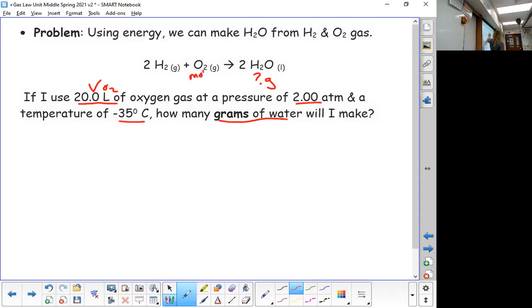We have to get to moles of O2, then to moles of water, then to grams. We have volume of oxygen gas.